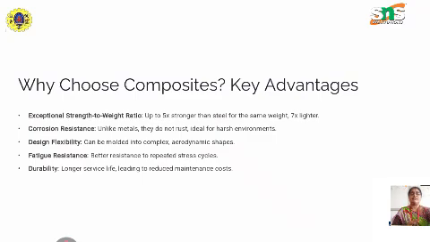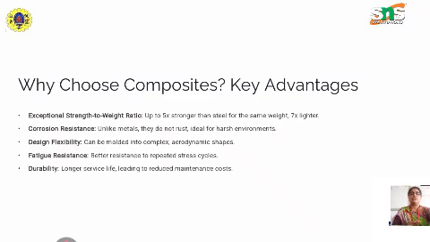Next is corrosion resistance. Unlike metals, they do not rust, which is ideal for harsh environments. This is a great advantage, because corrosion gives you material loss and also costs a lot.